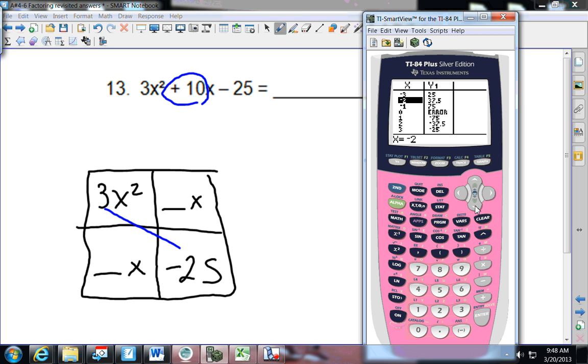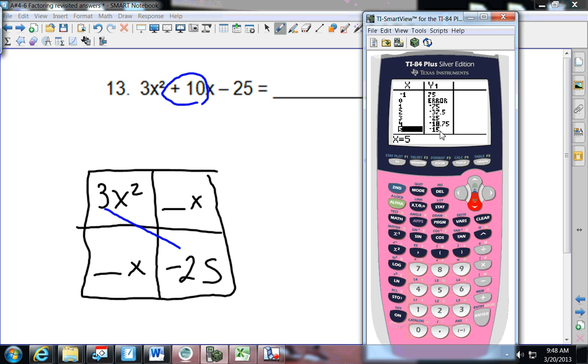If I start at 0 and add these two together, I get negative 74. That's a decimal. I'm not going to mess with that. 3 and negative 25 is negative 22. Decimal.